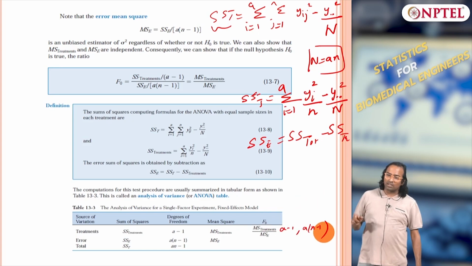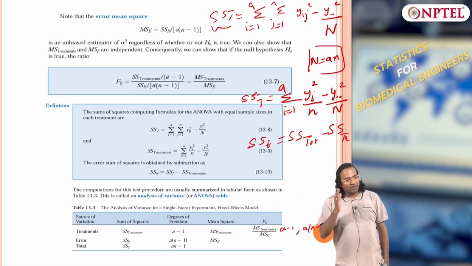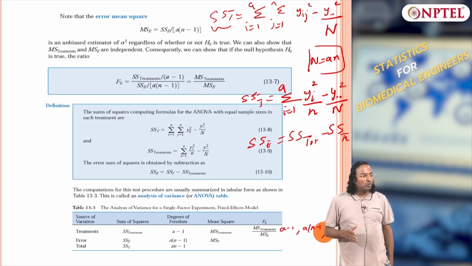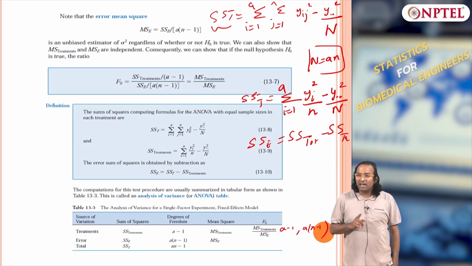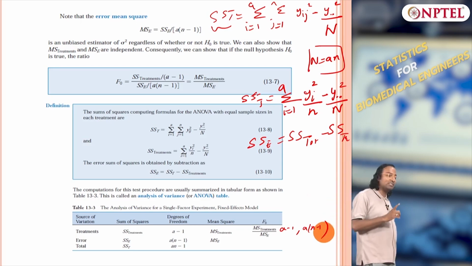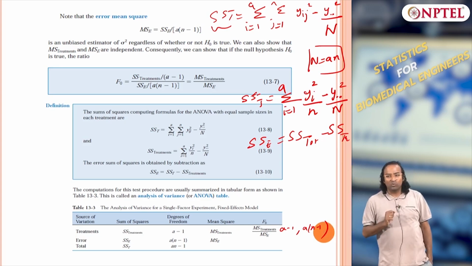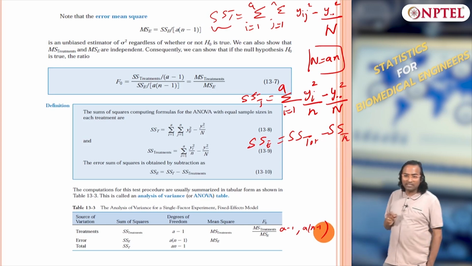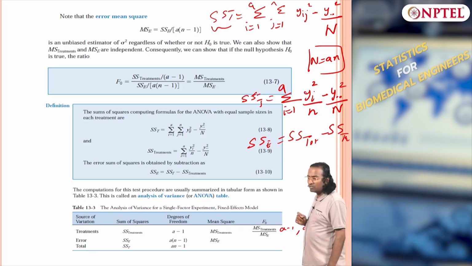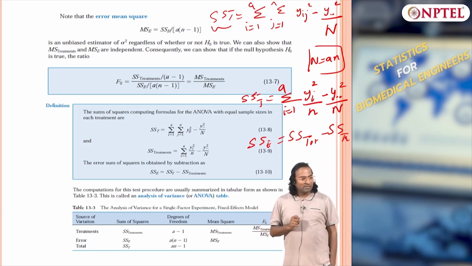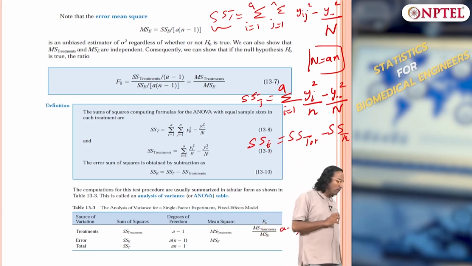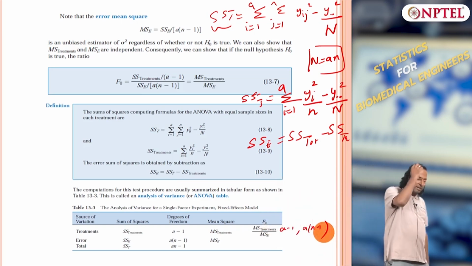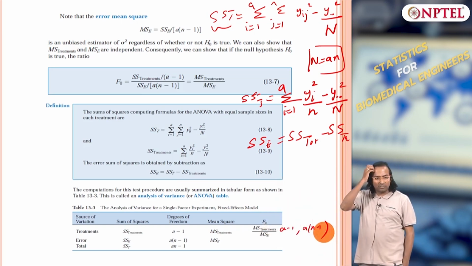So these two are orthogonal. The sum square total is literally divided into two parts, and I say they are orthogonal because, remember, the cross terms go to 0. Make sense? Clear? Okay.